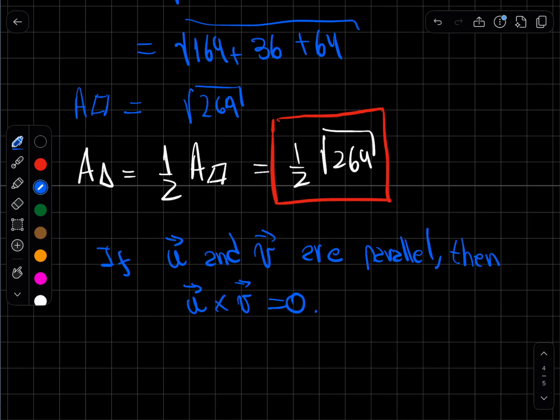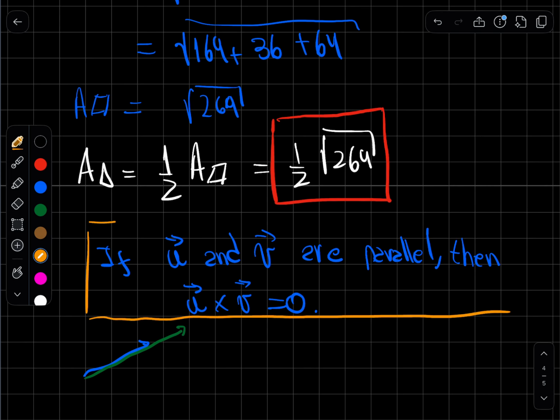That follows from a property of determinants, and also from the fact that if the two vectors are parallel, there's no parallelogram. It's like zero area, right? So if you're taking notes, this is something to write down. It's another basic property of cross products, and you can use it as a check too.